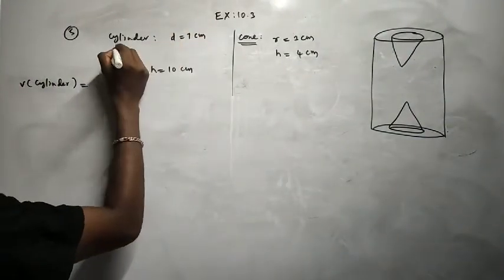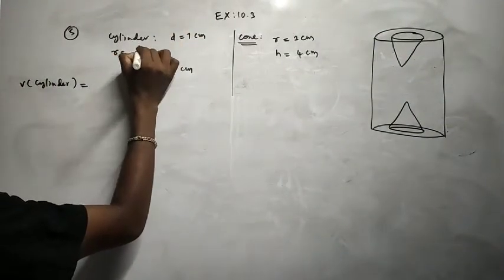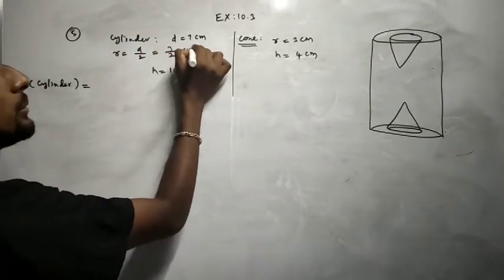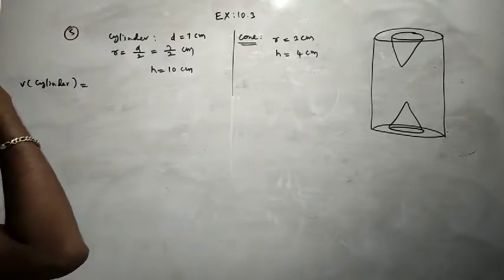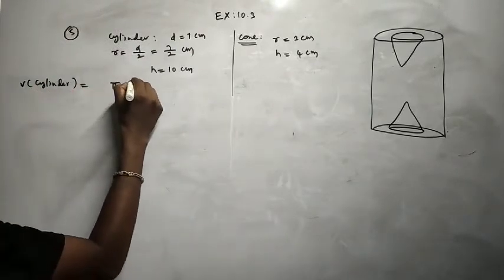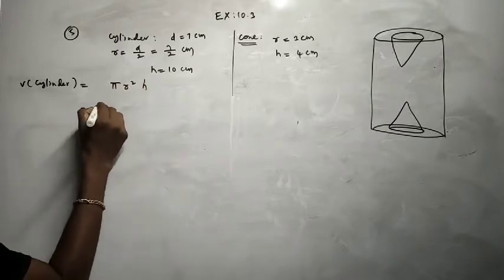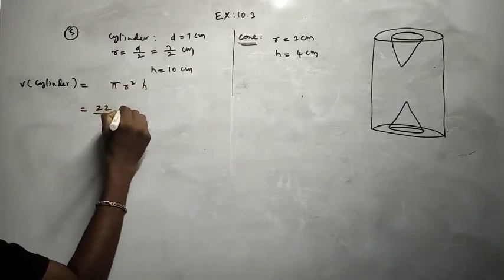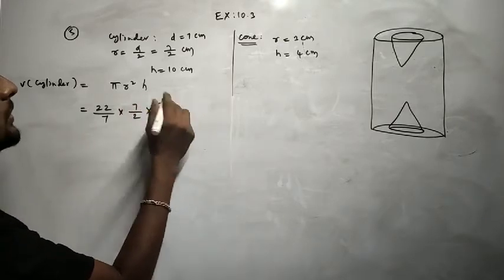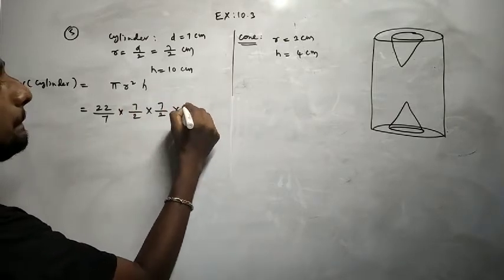So if you look at D 7, R is equal to D by 2. Simple, 7 by 2 centimeters. I don't want to write fractional form again. Okay. Now find the volume of the cylinder. Pi R square H. So pi is nothing but 22 by 7, R value 7 by 2, R square, so 2 times, and height 10, right?